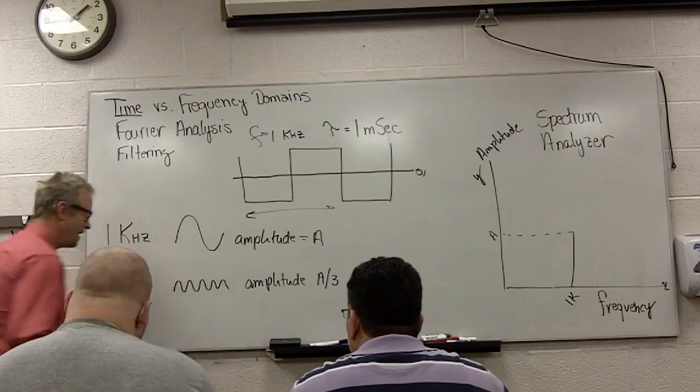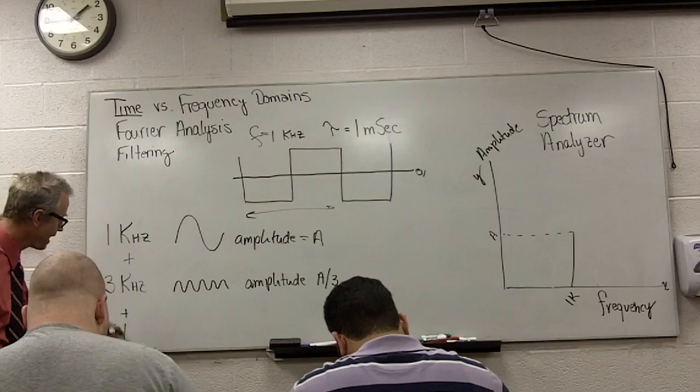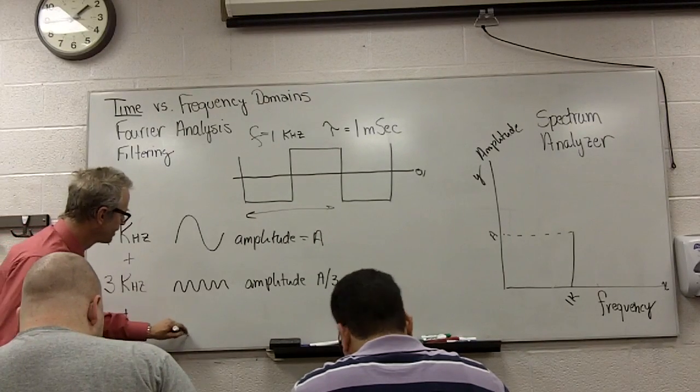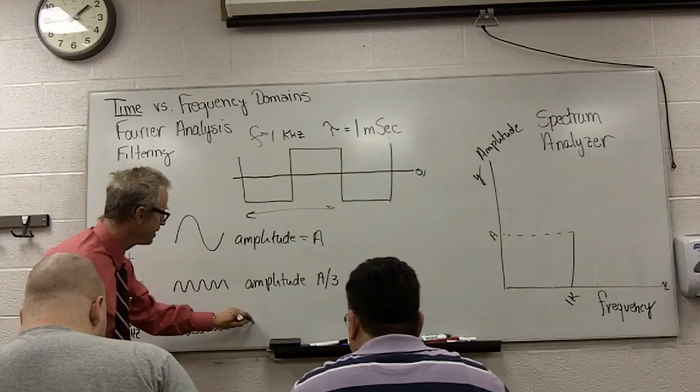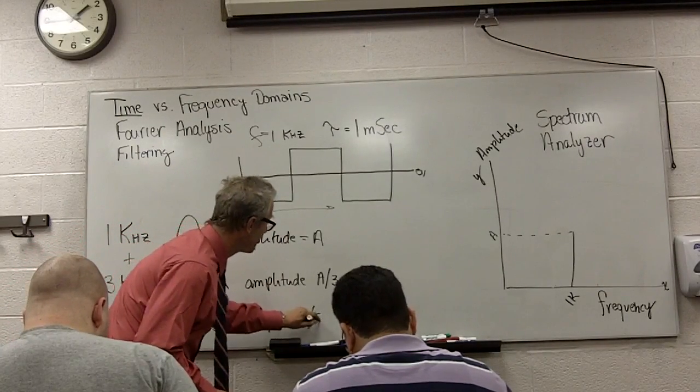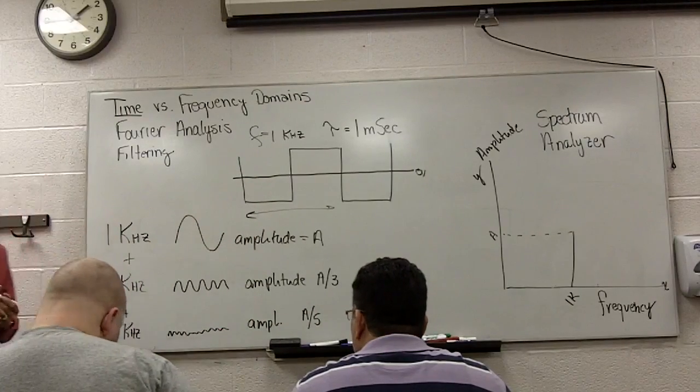We're going to add to that a 5 kilohertz sine wave, which is going to look like this, at an amplitude of A divided by 5.